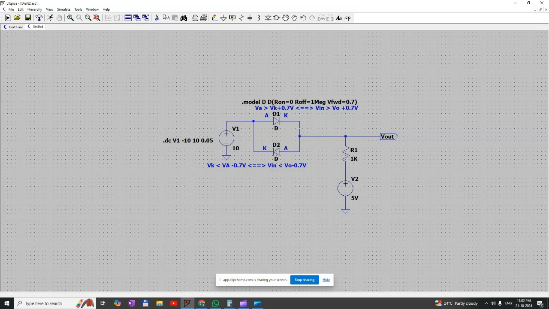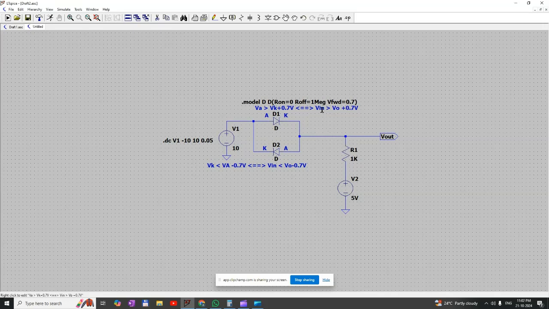See, when we say D1 is on, V in must be more than V out plus 0.7. The initial condition V out is 5 volt because we are applying 5 volt here.